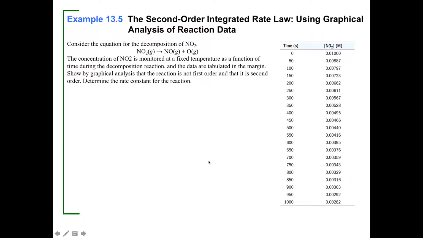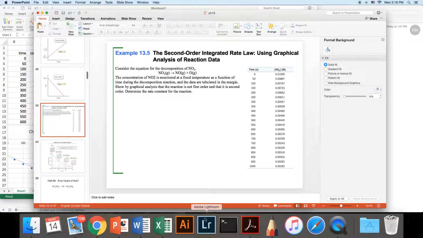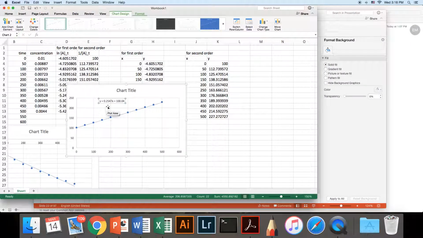Presentation mode. Let's go back here and say that the slope, what was the slope? I forget. Gotta go back. Be right back, folks. The slope was 0.2547.